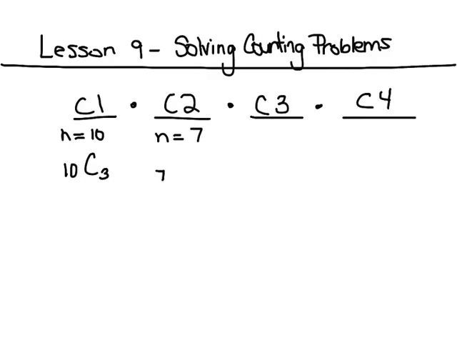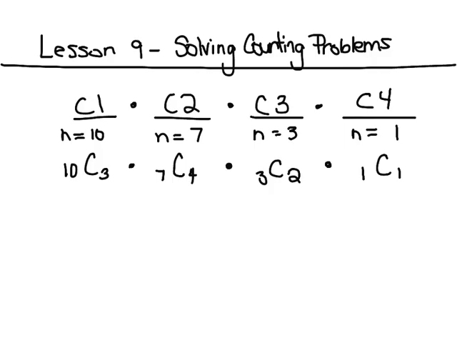So we're taking 7 and choosing 4, because we're choosing 4 data for the second cell. In the third cell, there's 4 taken away, so we're left with 3. And we want to choose 2, so we have 3 choose 2. And the last one, we have n equal to 1. There's only 1 piece of data left, and it has to go in that cell, so we have 1 choose 1.